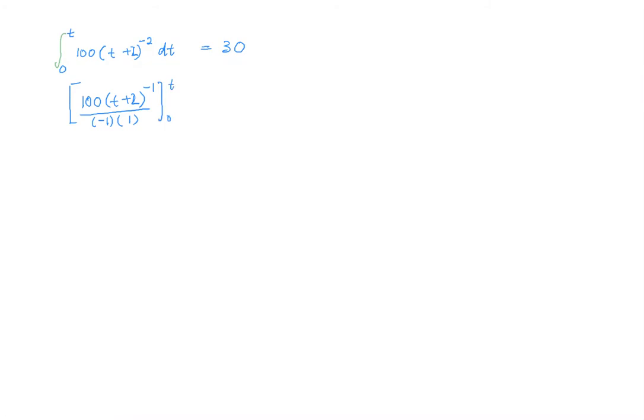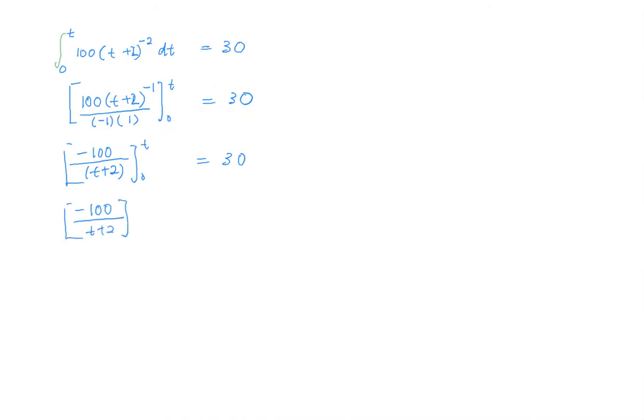0 to t equal to 30. So it becomes negative 100 over t plus 2, 0 to t equal to 30. So negative 100 over t plus 2.